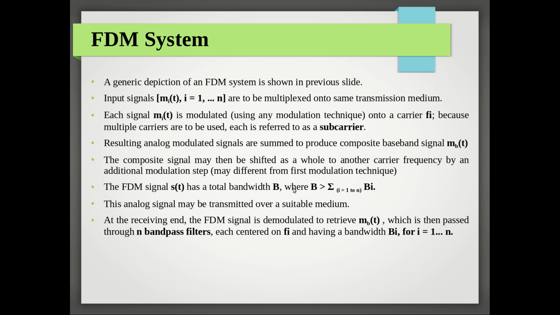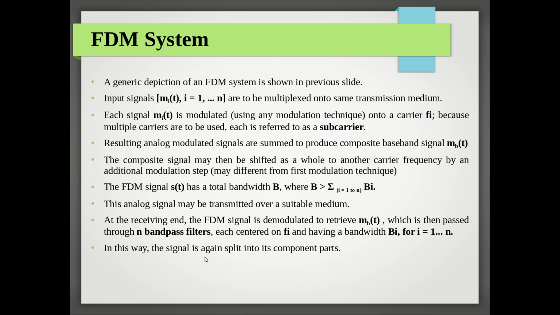You get S of t, the output, and it is demodulated to get the composite baseband signal. Then, using n band pass filters, each centered on Fi and having a bandwidth Bi, this MB of t as a whole is passed through the n band pass filters. Each filter provides the portion that is to be delivered to the receiver.